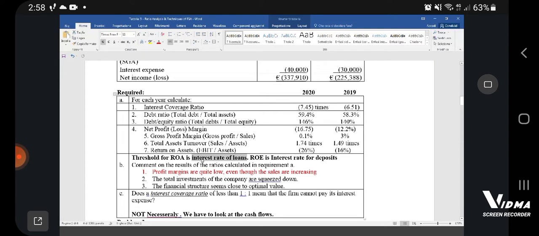In case you don't have that information, you can take the average interest rate in the market. That is quite okay to use. The same is valid for the deposits. Actually, this is the average interest rate in the market for the deposits, not something connected to the company. So yes, you are right, for the deposits it is the average interest rate in the market. For the loans, preferably it should be your own interest rate. Okay? Questions?